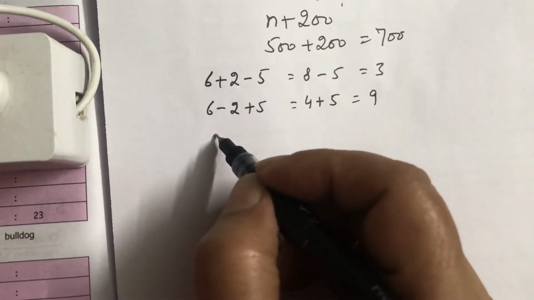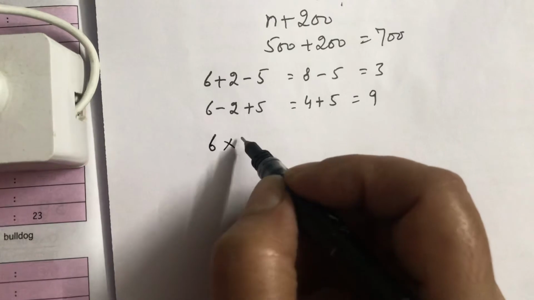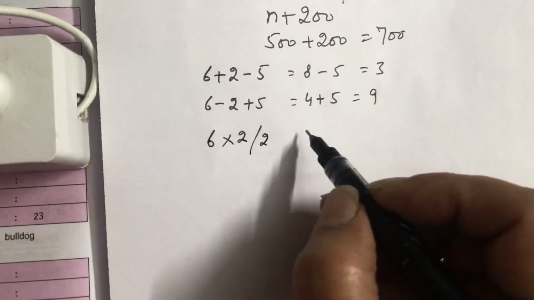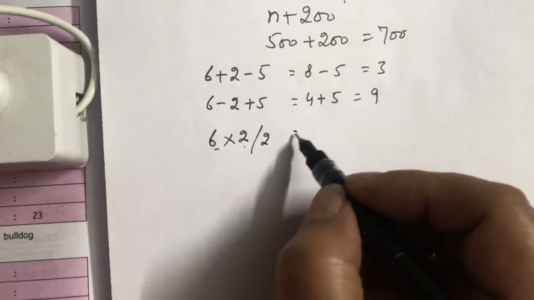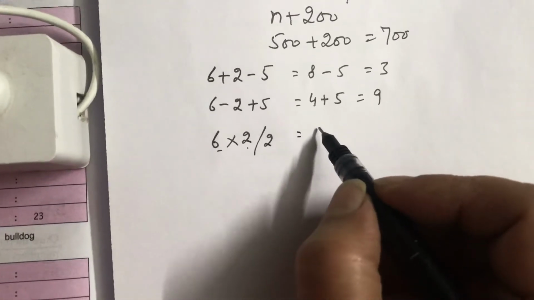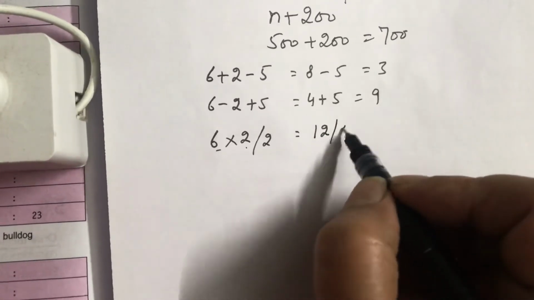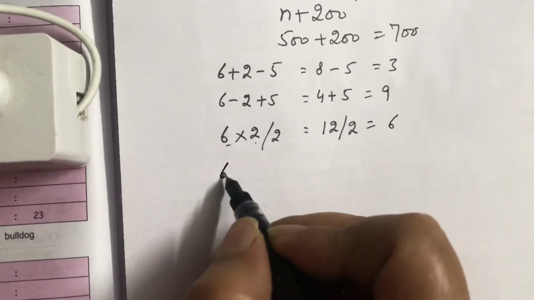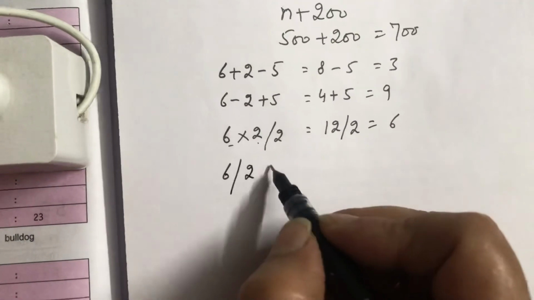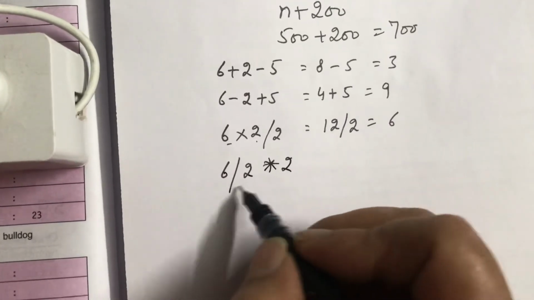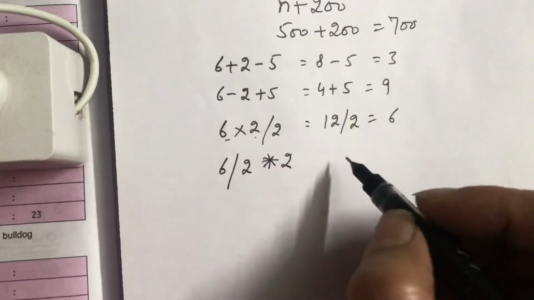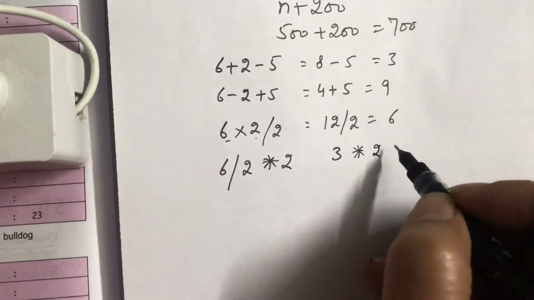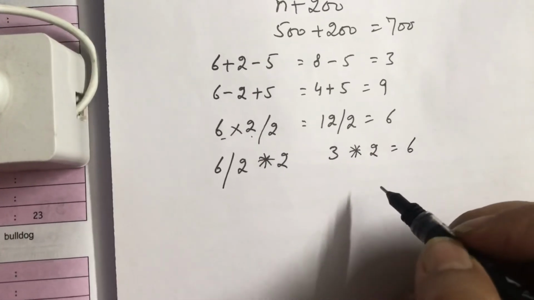Now if I write 6 into 2 divide by 2, I will first multiply, because multiplication comes first. It is 12 divided by 2 is equal to 6. And if I write 6 divided by 2 into 2, because they have the same priority, division is first, so my answer is going to be 3 into 2 is equal to 6.